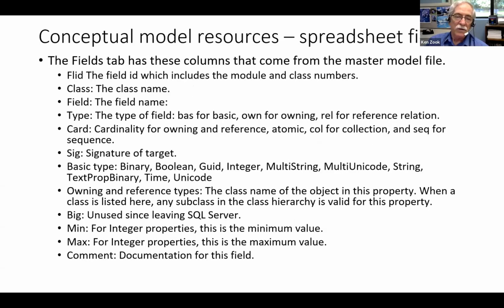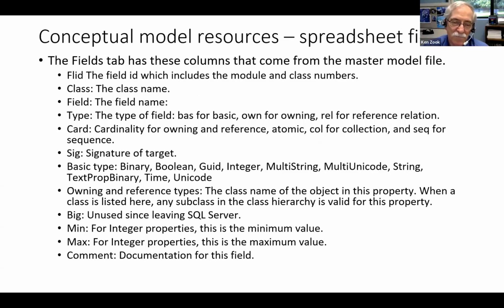Then for the Fields tab, we have a FLID, or the field ID, which includes the module and class numbers. The class, which is the name, field, the field name, type, the type of field, basic, owning, or reference relation, cardinality, owning, atomic, collection, or owning and reference, atomic, collection for collection, and sequence for sequence.